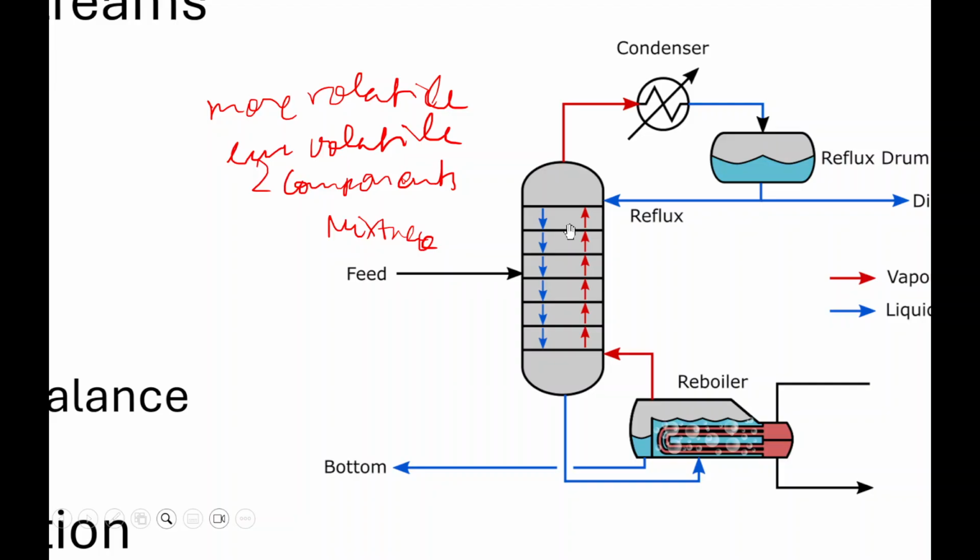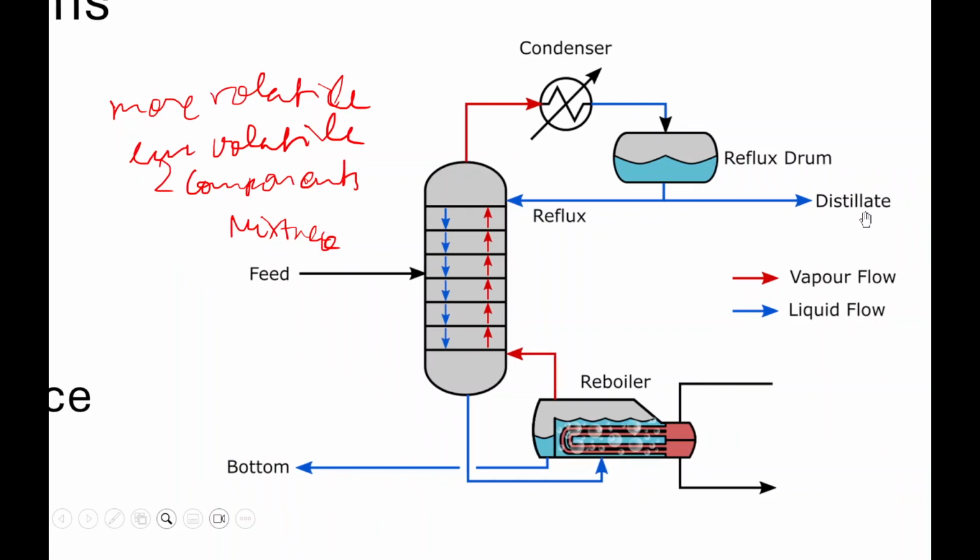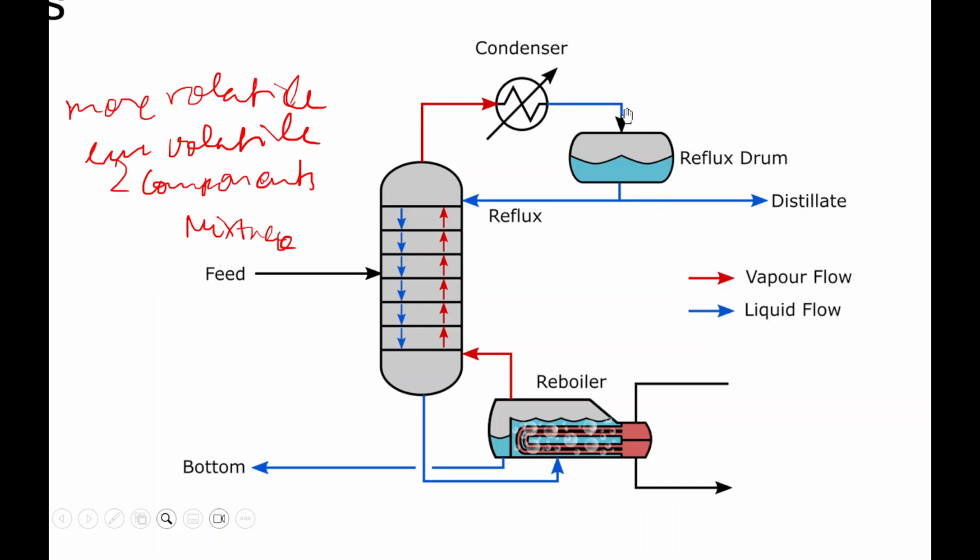So as to get better mass transfer, we reflux some of the distillate back to the distillation column, and this ratio is called the reflux ratio. The remaining amount of the condensed vapor is taken out as distillate.